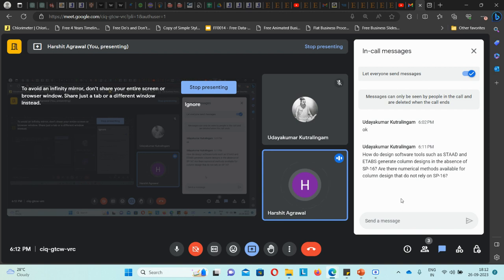They must also incorporate SP16, I guess. I haven't explored the software programs that are used to design columns, but in IS 456 itself it is mentioned that when you need to consider both load and moment and their interaction, you need to refer to SP16. So if IS 456 itself is saying that, then the software might also be considering it. I am not sure how it is done in software.